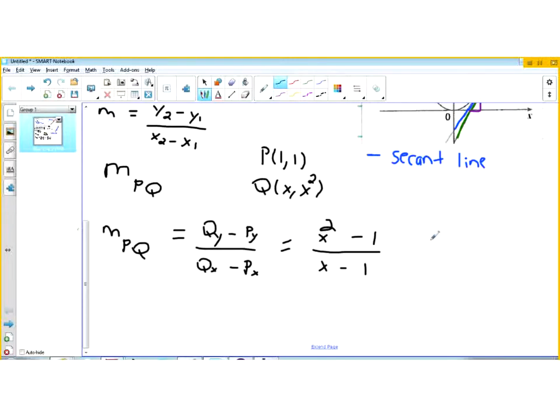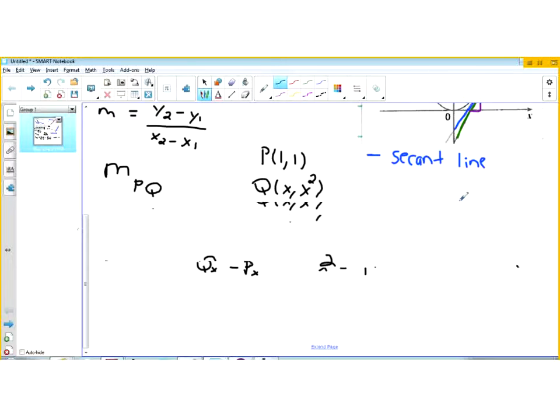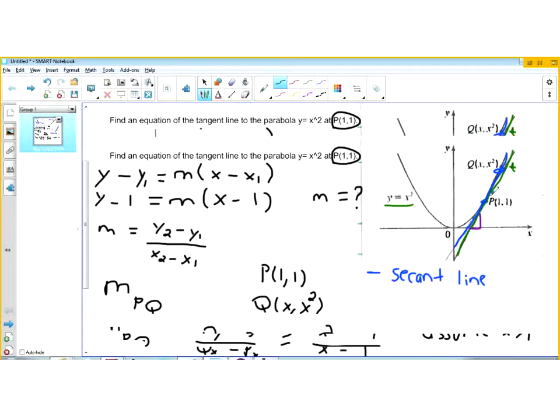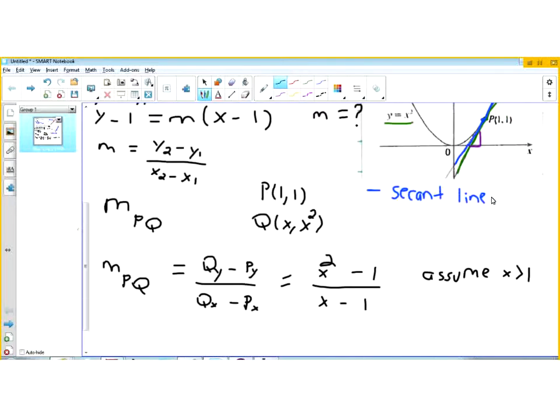Okay, now look very carefully. Now, let's make one assumption here. Let's assume x is greater than 1 for the time being, right? So if x is greater than 1, then you'll see that Q will occur on the branch of the parabola to the right of P for all intents and purposes.